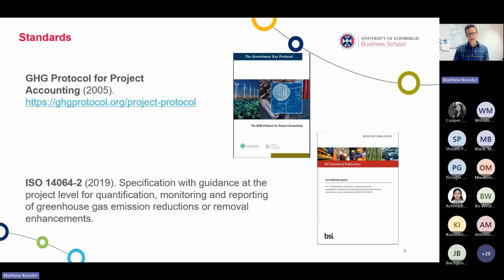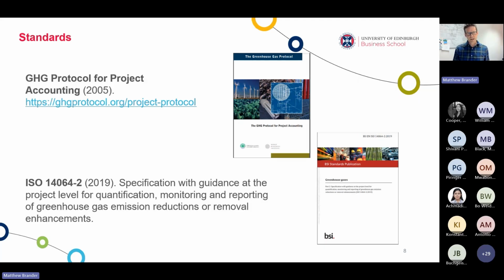So the next thing I wanted to touch on and talk about are the existing standards that are out there. Although this method, arguably in some ways, is not as widely recognized and used as it could be, nevertheless, it has quite a long history of standardization.